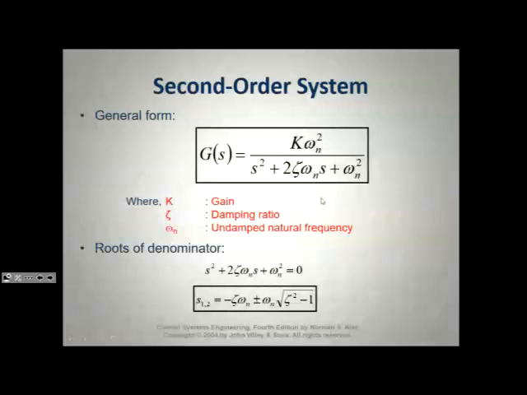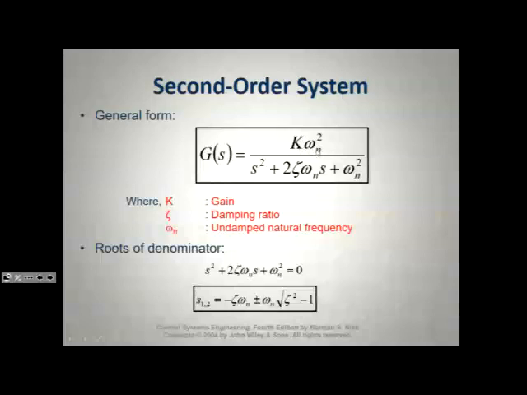Now, each of those terms has a meaning. k again is the gain, which may be a loss, and in fact for most systems is a loss. It's a multiplying factor. How much different is the final value of the output from the input that you put in? So you've got k, they call it gain, but it's usually loss.